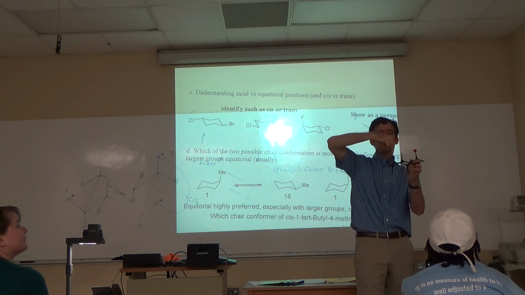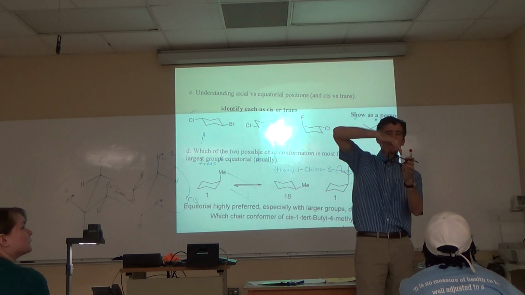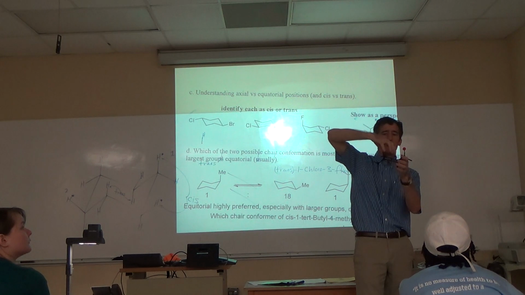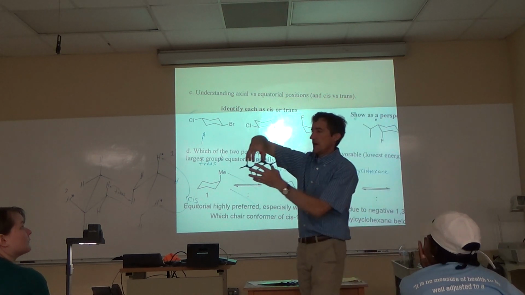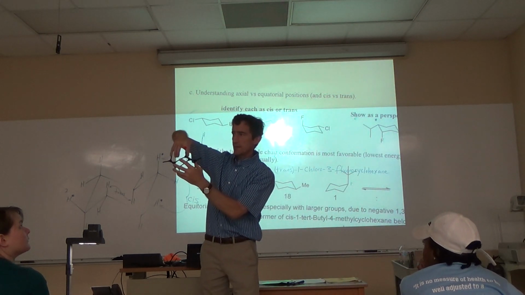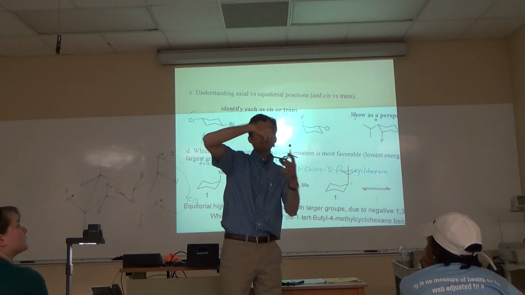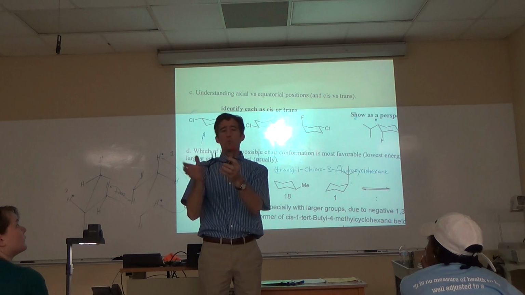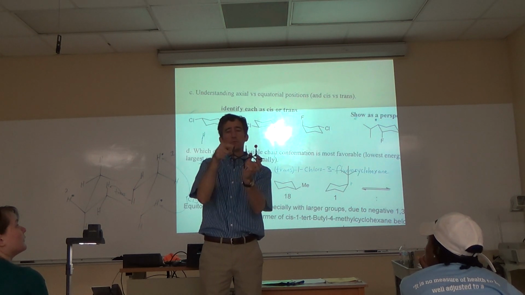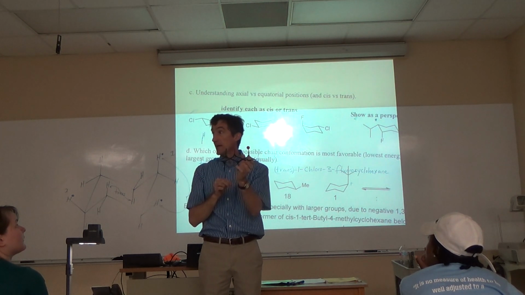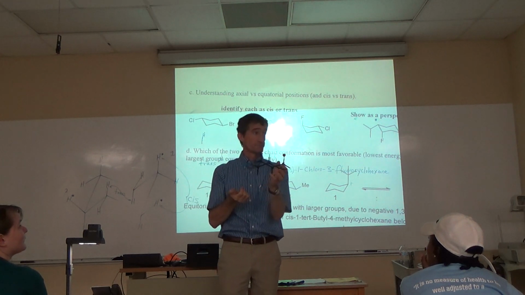Because in the model, these are small. But imagine if it was big groups up here. If it was a big group, this here would be right next to these big groups. That's actually called 1-3, because that's 1, 2, 3. 1-3 diaxial interactions. And that's not good.